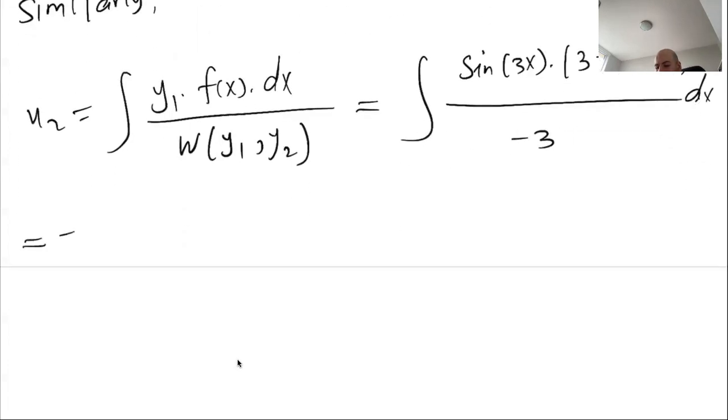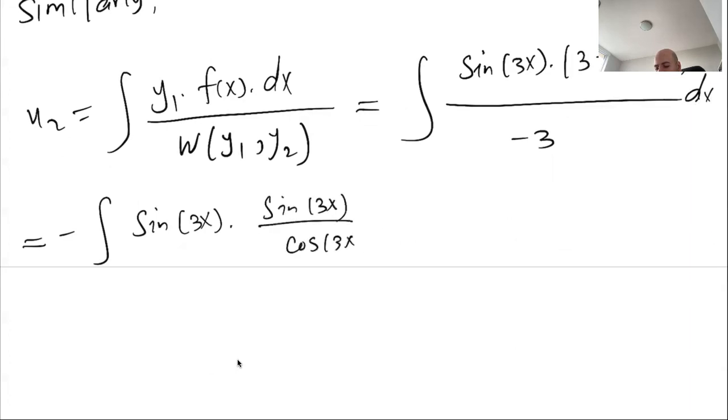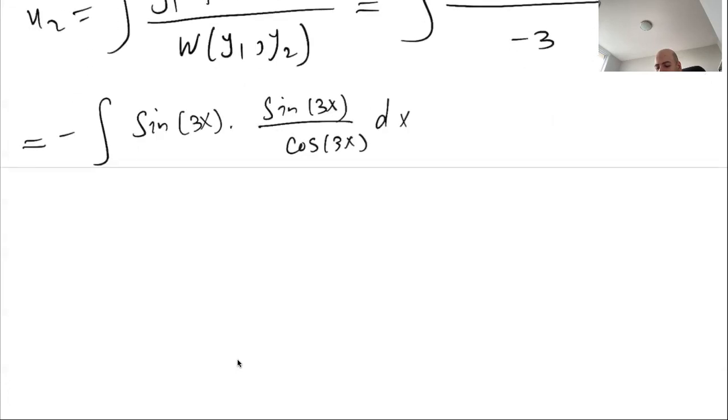Then this will be minus integral sine 3x times tan 3x. Tan 3x means sine 3x divided by cos 3x. And then this is minus integral sine squared 3x divided by cos 3x.